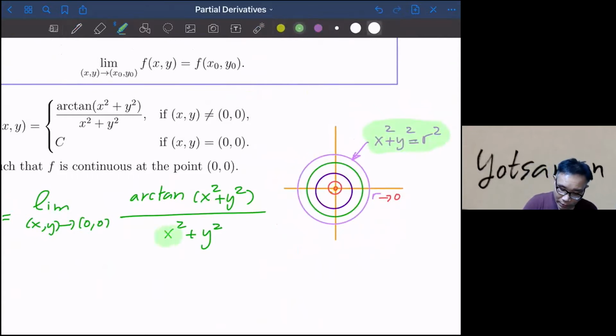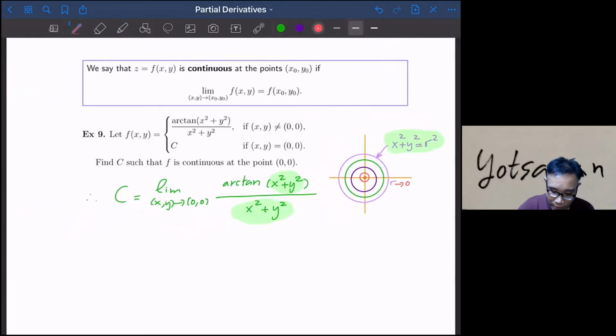You have x squared plus y squared in two places, so you change x squared plus y squared into r squared. When (x,y) approaches 0, it means r also approaches 0.